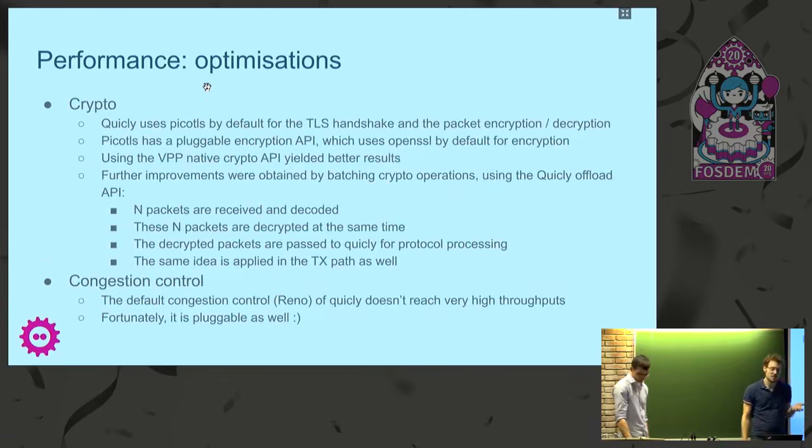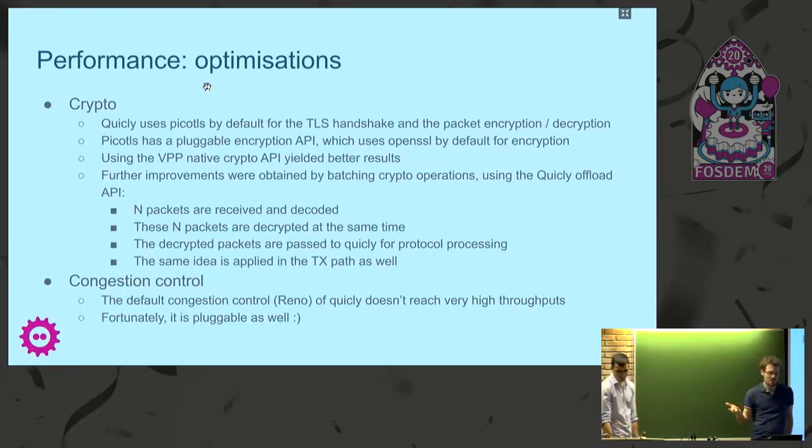And that's because there were a bunch of issues and things that we could improve in our implementation. At first, Quickly uses internally a lib called PicoTLS, which is also developed by the same team at Fastly, to do the TLS handshake and the packet encryption and decryption.